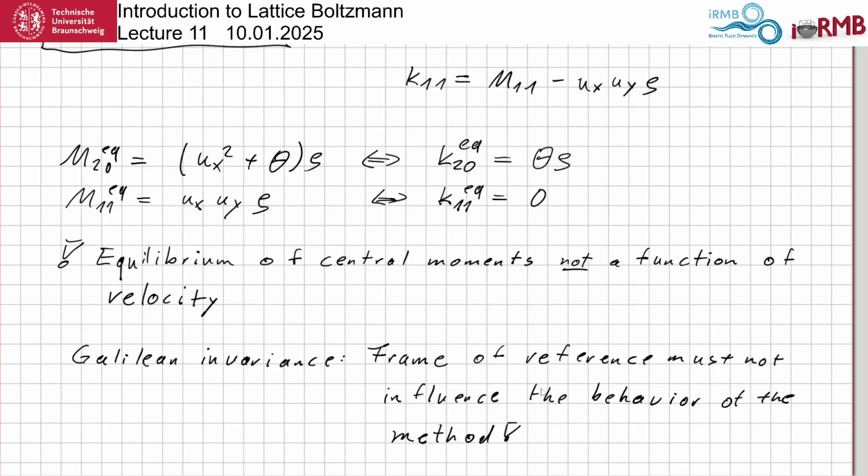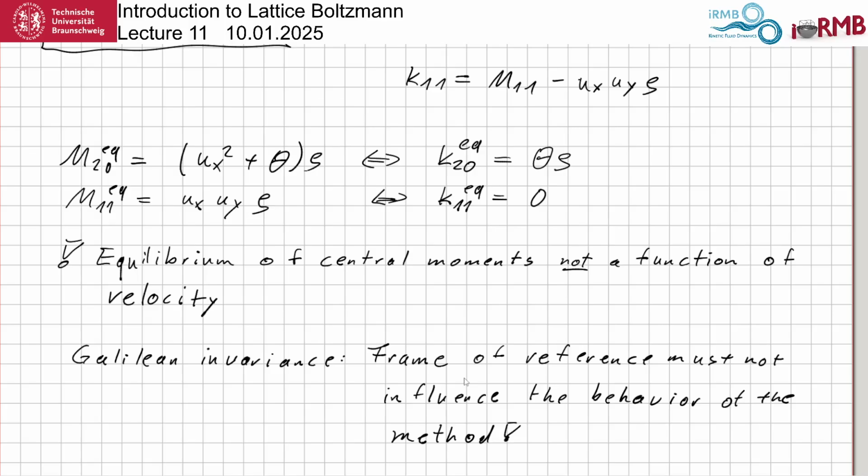Okay, but this effect is very small. So now, what we want is that the frame of reference in which we state our method should not matter. First of all, we have to recognize that this is not possible because we are on a discrete velocity lattice. So it will be impossible to develop a method that does not, in some sense, depend on the relative velocity of the simulated fluid against this lattice.